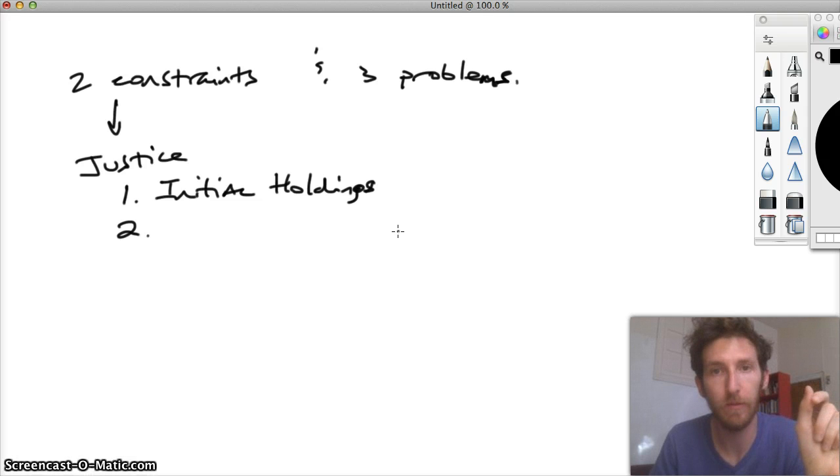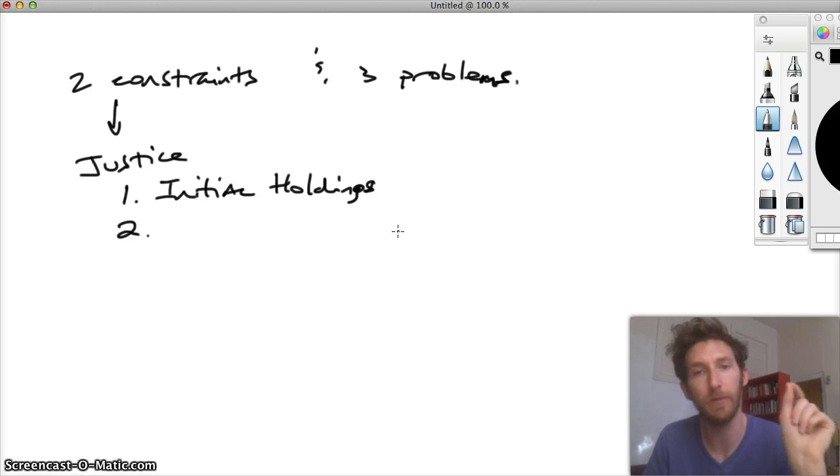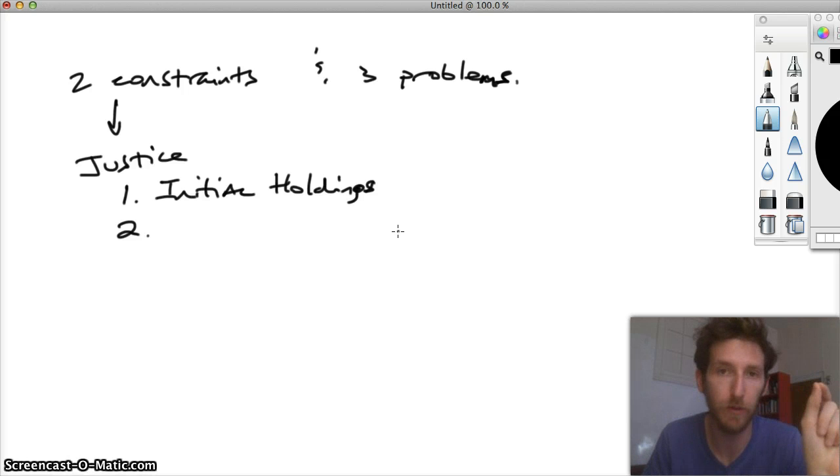If so, then those holdings, no matter what they are, whether it's Bill Gates with billions of dollars or someone else who has very little, if nothing at all, if those initial holdings have been gotten or received in a just way without abusing the resources of others, then those initial holdings are just.